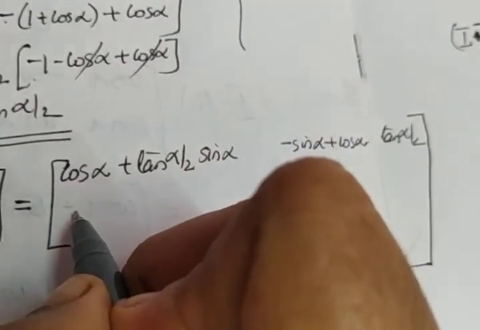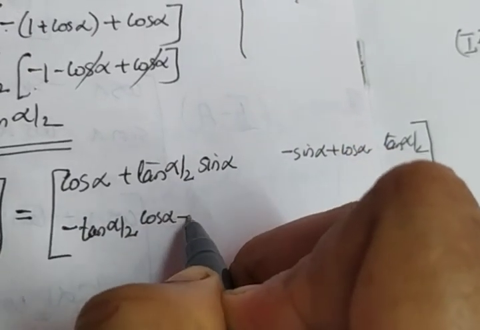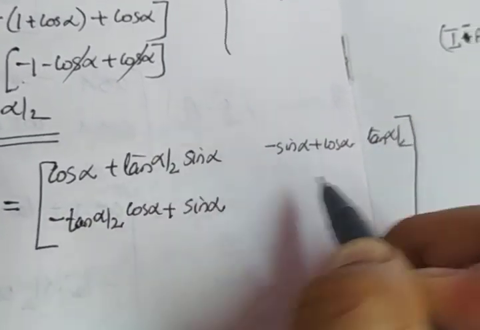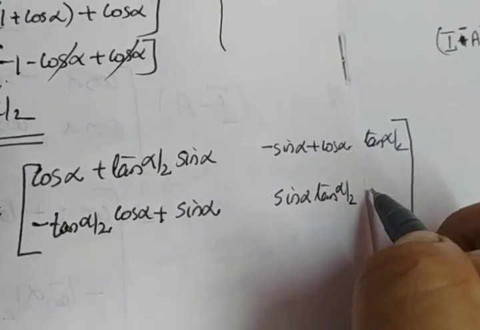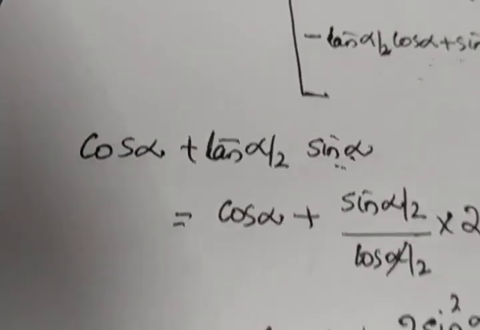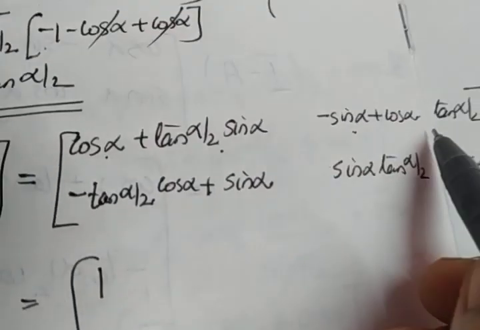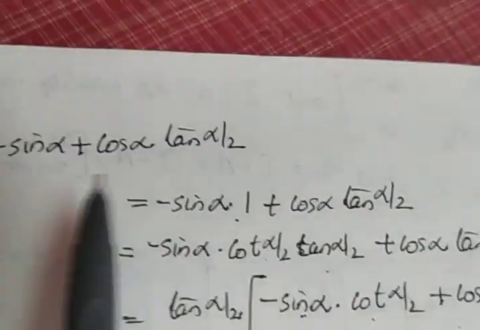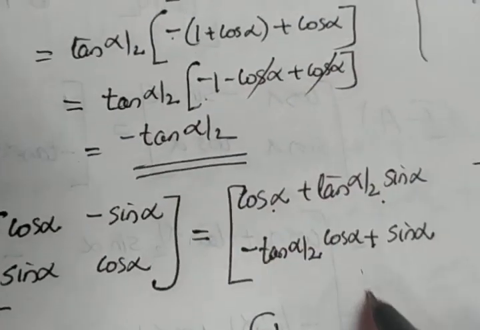Again second row, minus tan alpha by 2, and here sin alpha into tan alpha by 2 plus cos alpha. Okay, so this term, cos alpha plus tan alpha by 2 sin alpha, we got the value as 1. So instead of the first term, we can replace it by 1. Minus sin alpha plus cos alpha tan alpha by 2, that was the value we took for simplification in the second case, and we got the value as minus tan alpha by 2.